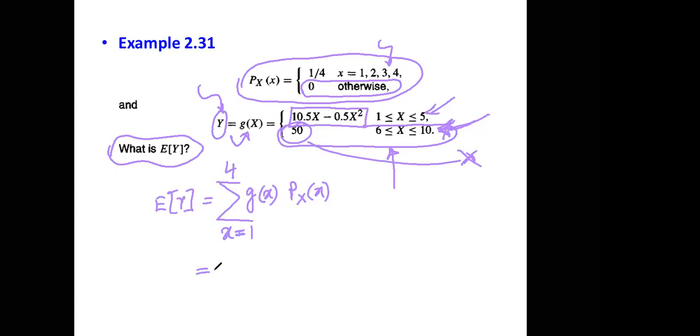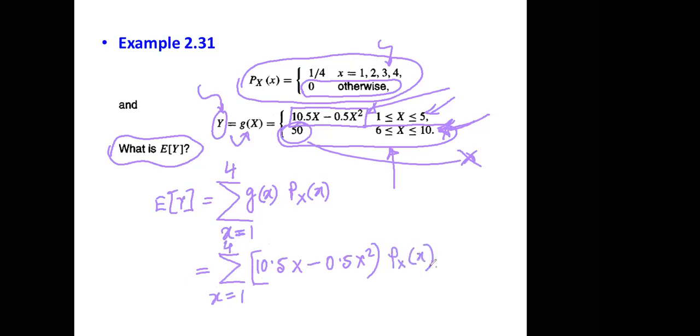Now this particular range value is 10.5x minus 0.5x square, and then x equals 1 to 4, and then p(x). Is it clear? Now just put the values 1, 2, 3, 4, and this p(x) is always constant.